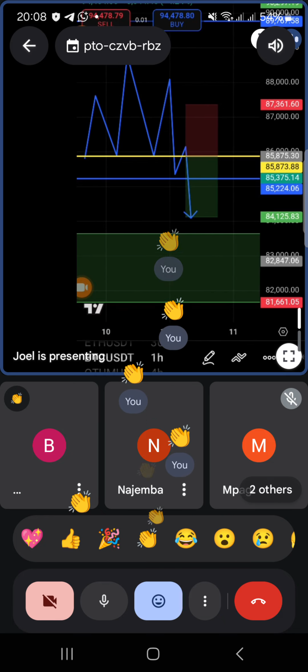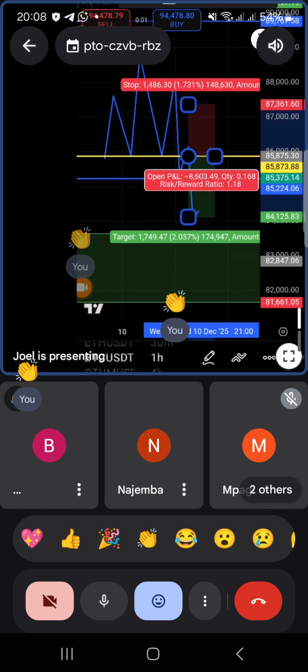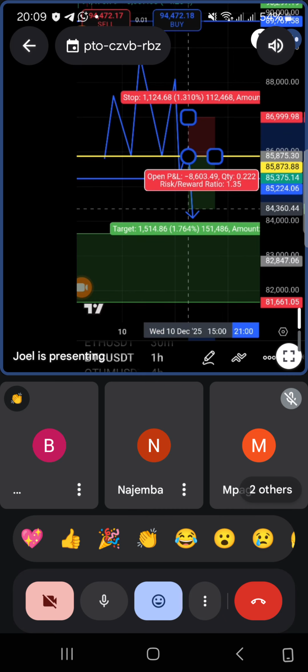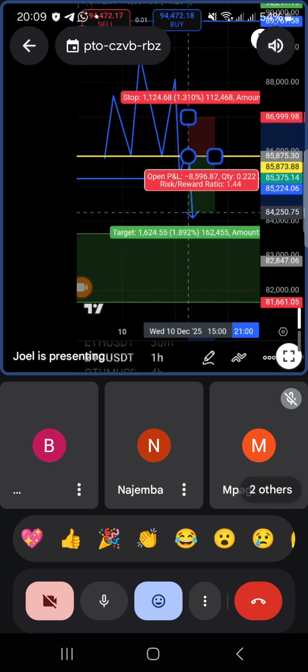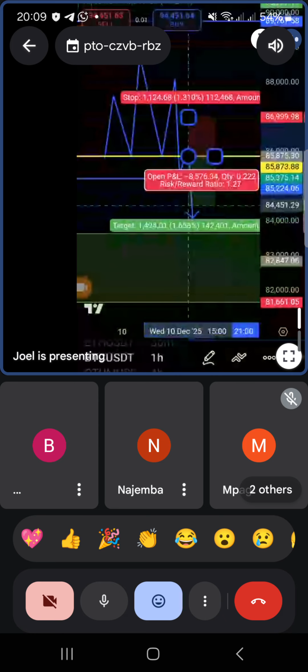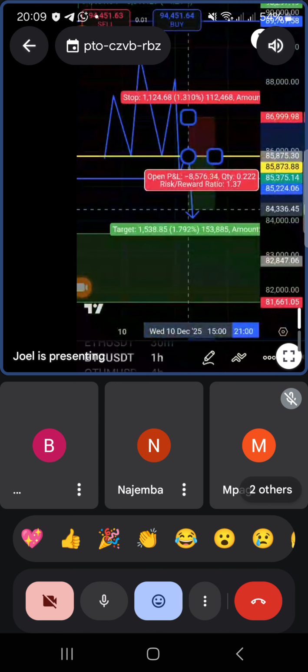But most times, if I don't rely on percentages, I'll just take a risk reward ratio of 1.4. If you want to be safe, go for a 1.3. At least here you're guaranteed price is going to hit your risk reward ratio.